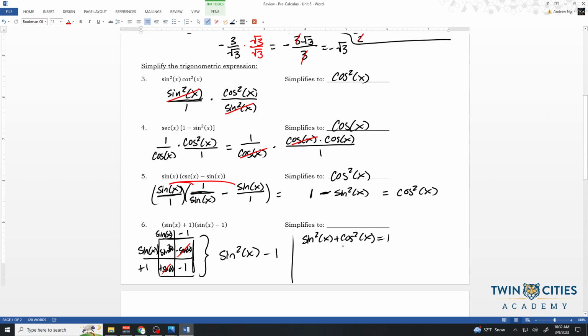If I subtract 1 from both sides, that'll be sine squared of x plus cosine squared of x minus 1 equals 0. And then if I subtract cosine squared of x from both sides, I would have sine squared of x minus 1 equals negative cosine squared of x. And now this sine squared of x minus 1 matches this here. So this would simplify to negative cosine squared of x.